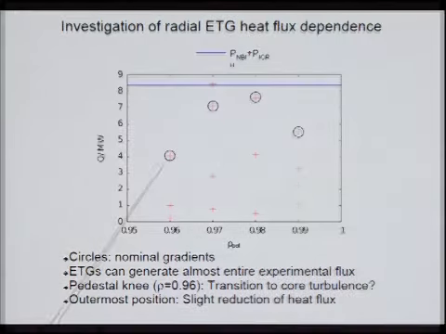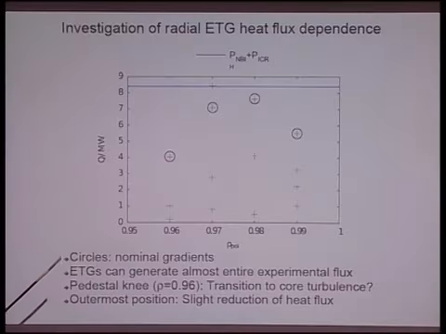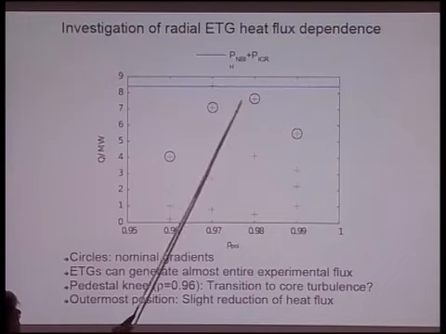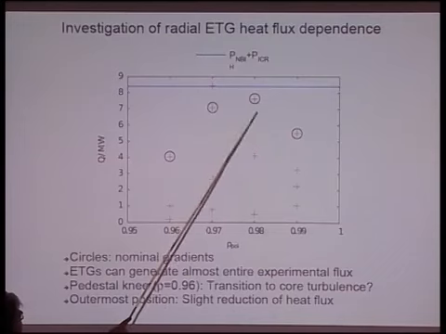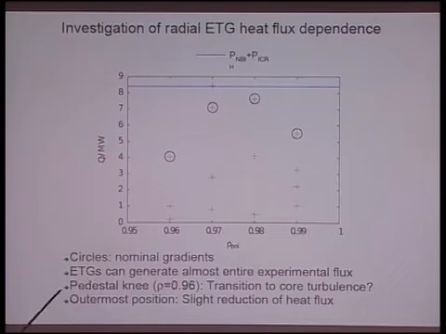0.96 is kind of where the pedestal top is. This is where the gradients become a little smaller and the profiles turn over. And these 3 points are in the pedestal region. And of course, there's some uncertainty about which eta E value to use. Here we use the nominal value that we got out of the database.